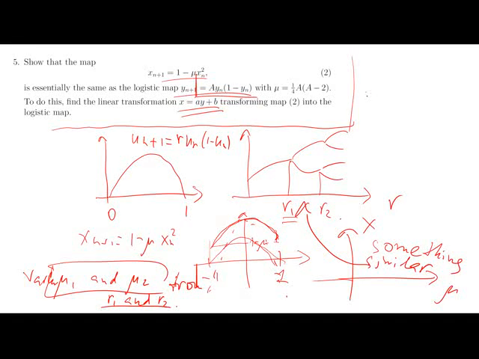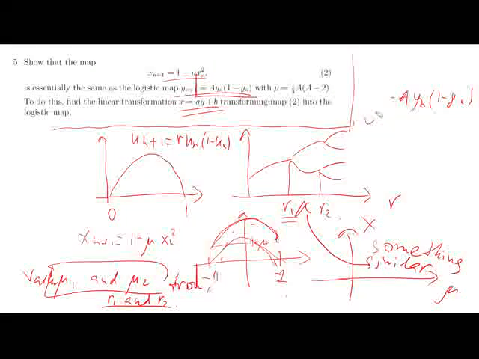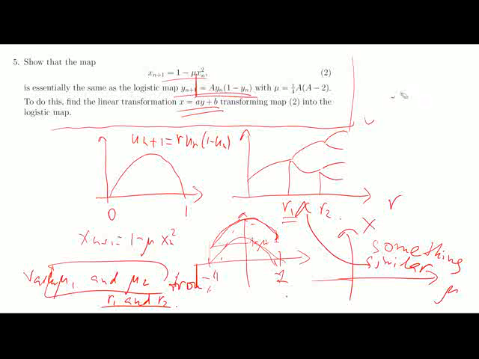Okay, I will show: y n plus 1 equals a y n (1 minus y n). Now here you replace it the other way around, because we have x as a function of y. Let's say x n plus 1 equals 1 minus mu x n squared.